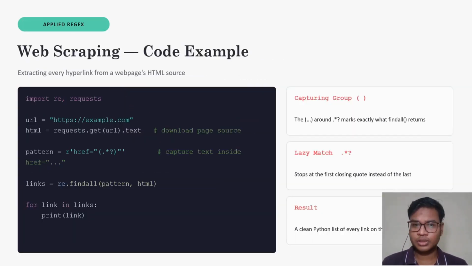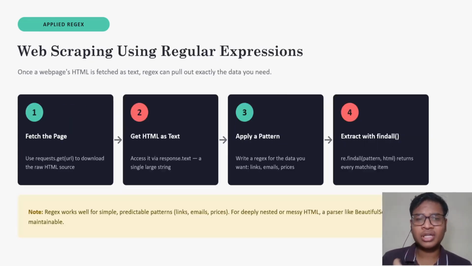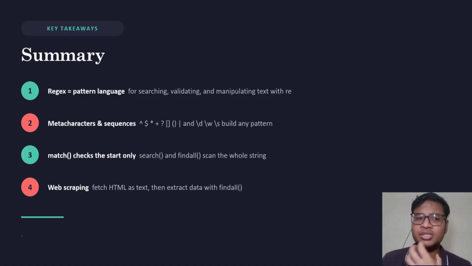So now let's move forward. These are some basic things about regex, like how regex works. Now let's talk about some key takeaways, a summary of this lecture. First, regex is a pattern language for searching, validating, and manipulating text with re.